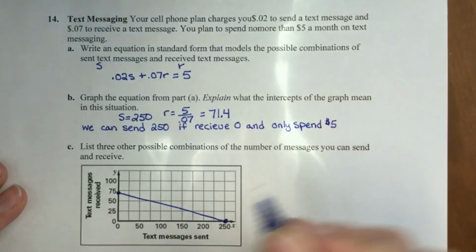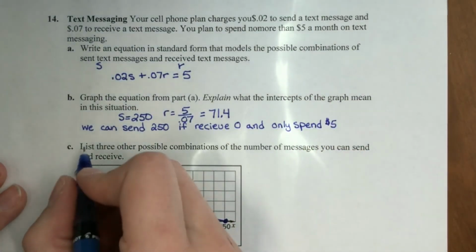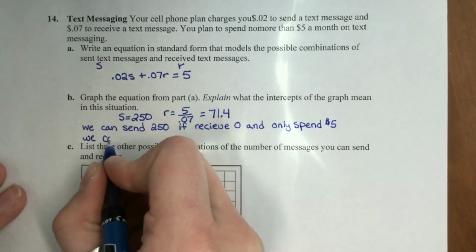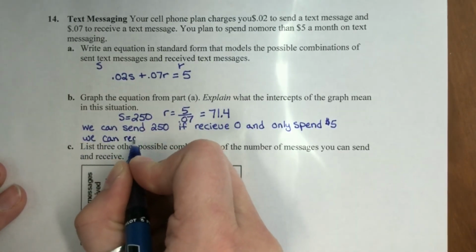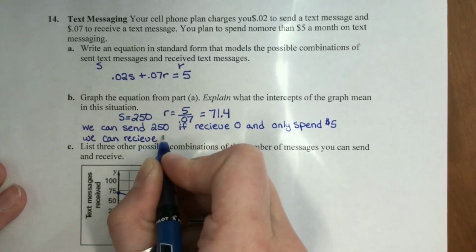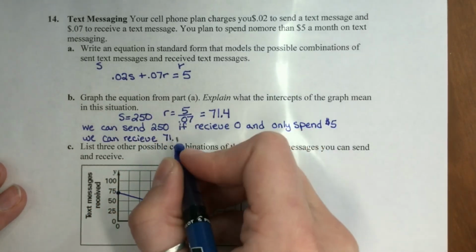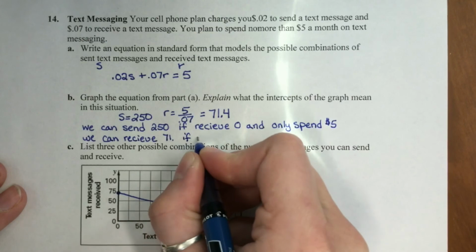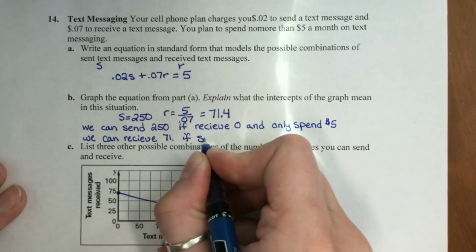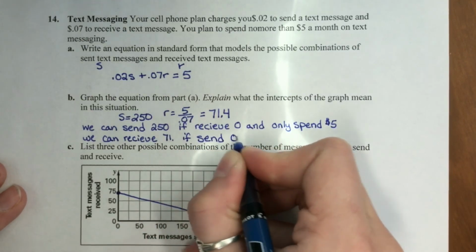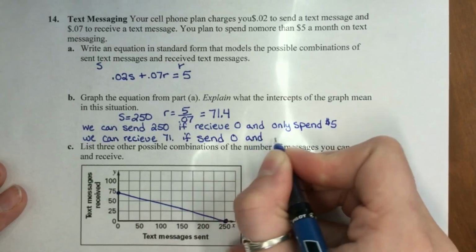I'm so glad we don't have to keep track of this anymore. We can receive 71 if we send 0 and only spend $5.